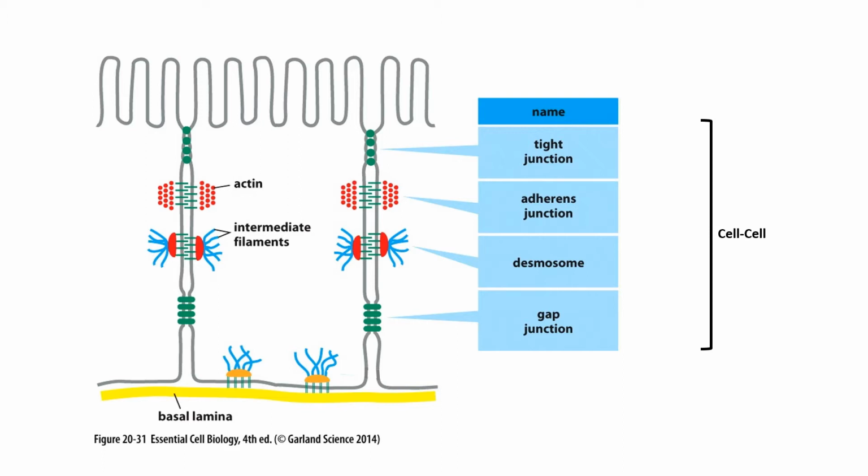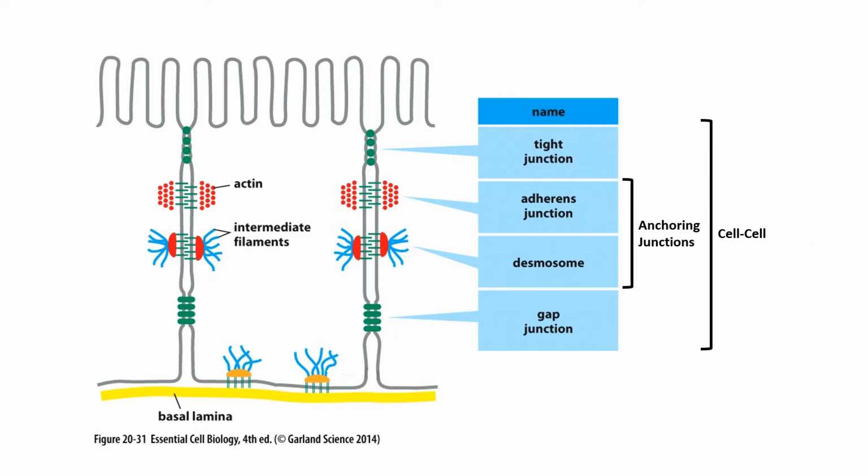Among these are tight junctions that essentially rivet cells together. In epithelial cells, those rivets are near the apical surface of epithelial cells. And tight junctions are maintained by associations between claudin and occludin proteins.